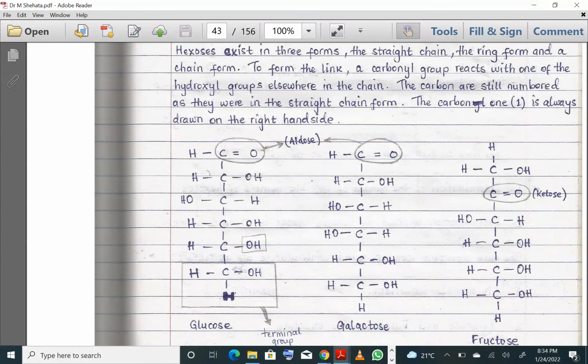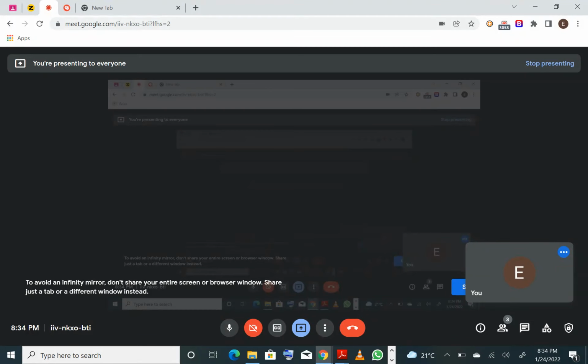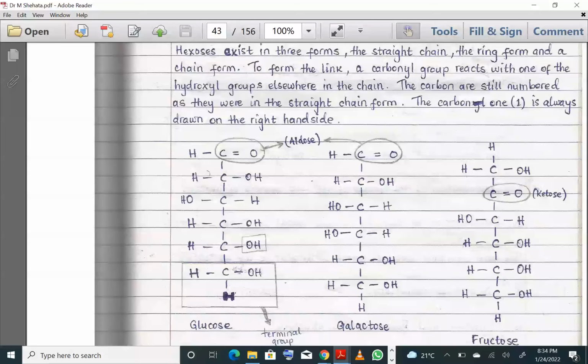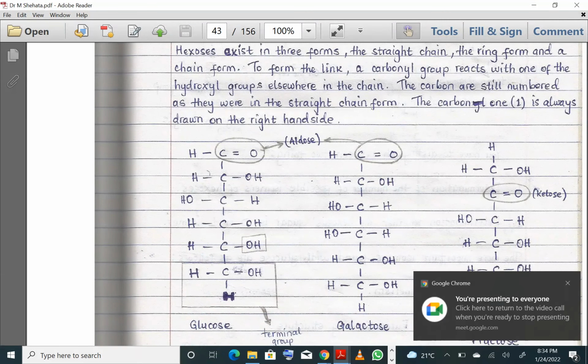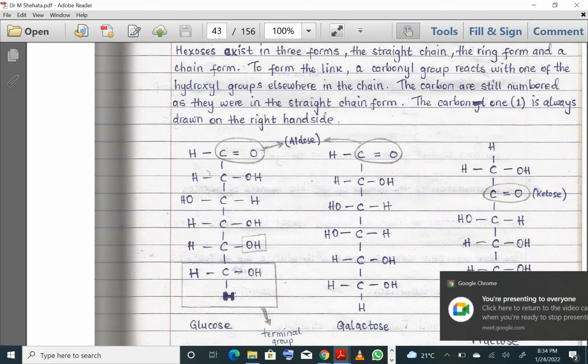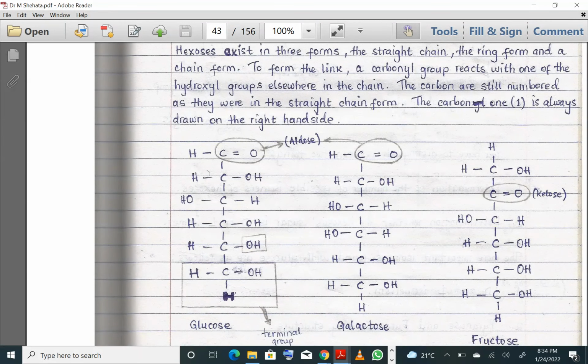So hexoses exist in 3 forms: the straight chain, the ring form, and the chain form, but we've explained everything. The carbons are still numbered as though they were in the straight chain.